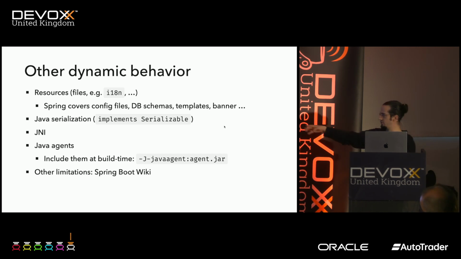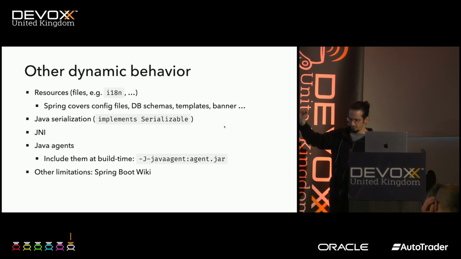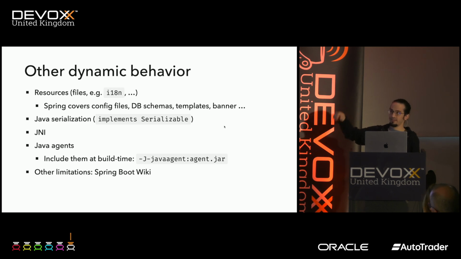So I need to use this flag in the native image compiler so that this agent code is included in my binary. If the agent is crazy and it does modifications on your code, it's not going to work. But for a basic agent that just adds features, this is usually fine.